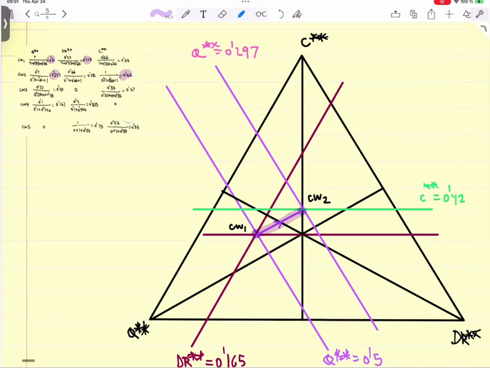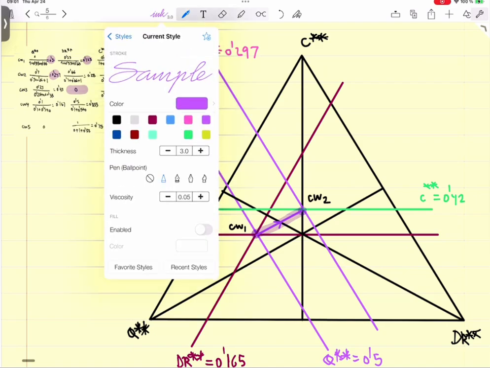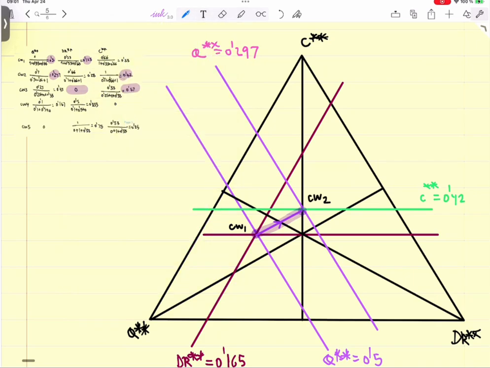Okay, so let's take this one and this one, 0.57 and 0 in the delivery rate. So all the points in the delivery rate are going to be 0 parallel to this line.